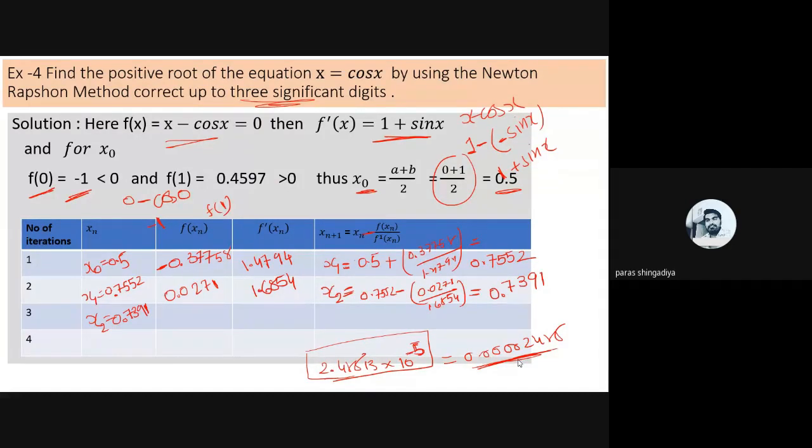If you need 5, 6, or 7 digits, just press as per the value. We need 9 digits after the decimal, so just press 9 and you will get your answer in this form, 0.00002488.